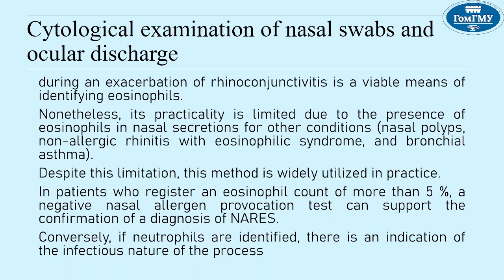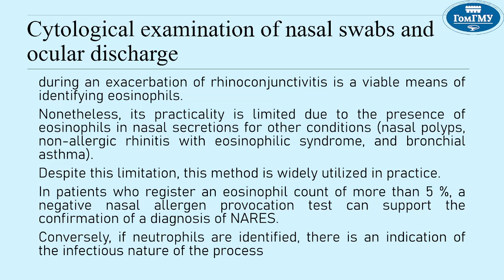Cytological examination of nasal swabs and ocular discharge during an exacerbation of rhinoconjunctivitis is a viable means of identifying eosinophils. Nonetheless, its practicality is limited due to the presence of eosinophils in nasal secretion in other conditions: nasal polyps, non-allergic rhinitis with eosinophilic syndrome, and bronchial asthma.